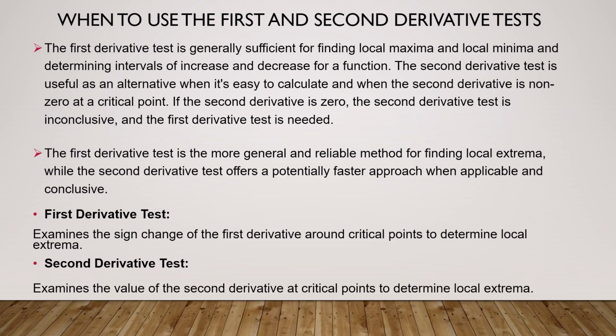The first derivative test is a more general and reliable method for finding local extreme points, while the second derivative test offers a potentially faster approach when it is applicable and conclusive. So in short, the first derivative test examines the sign change of the first derivative around critical points to determine local extreme points. The second derivative test examines the value of the second derivative at critical points to determine the local extrema. Local extrema means local minimum or local maximum.